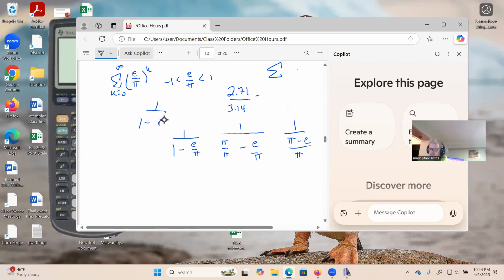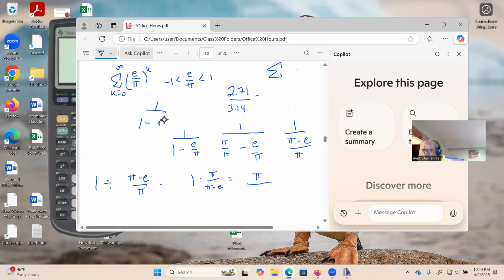So I have 1 divided by pi minus e divided by pi. How do we deal with division of a fraction? We invert and multiply. So that's going to be 1 times pi divided by pi minus e. I'm sure this is a delightful number.